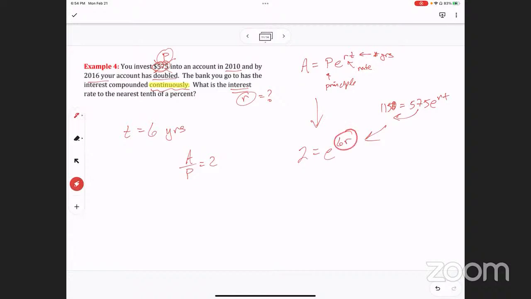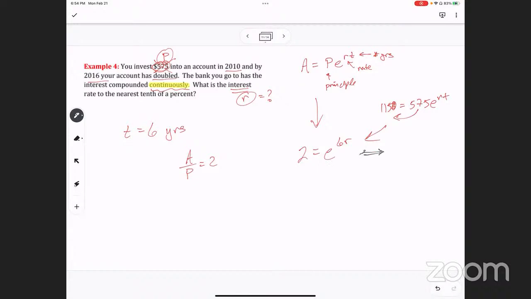And hey, what was the trick I taught you when you're trying to solve an equation that has a variable in the exponent? Remember, that was the first thing I taught you? Well, you take the log of both sides, right? Or if you want, you can do the equivalence and convert it.